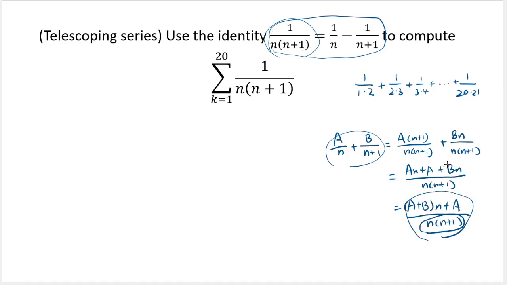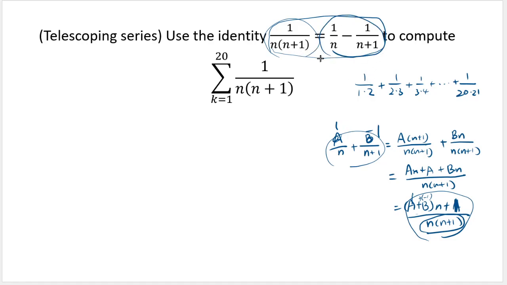And the answer is yes, because if a is 1 and b is negative 1, then 1 plus negative 1 is 0, so this becomes 0 times n plus 1, and you get exactly 1 over n times n plus 1, just like how you have it on this side, right? So then you put 1 here and negative 1 here, and that's how you get the right side.